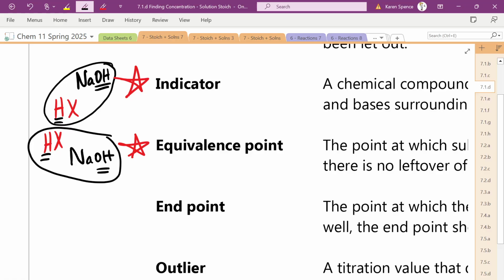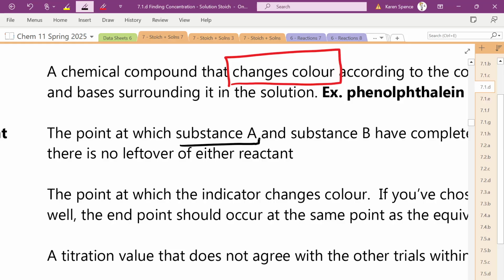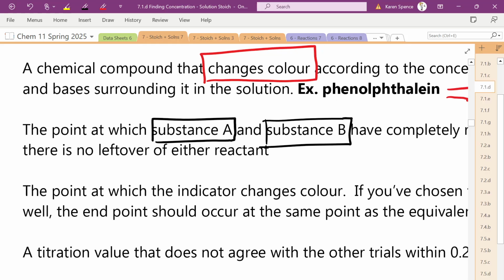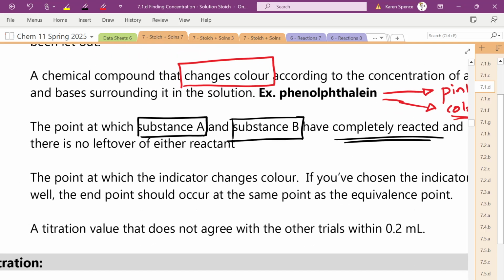If I add 3, it would be more than neutralized, so I would have leftover base. The equivalence point is the point at which substance A and substance B have completely reacted and there is no leftover.